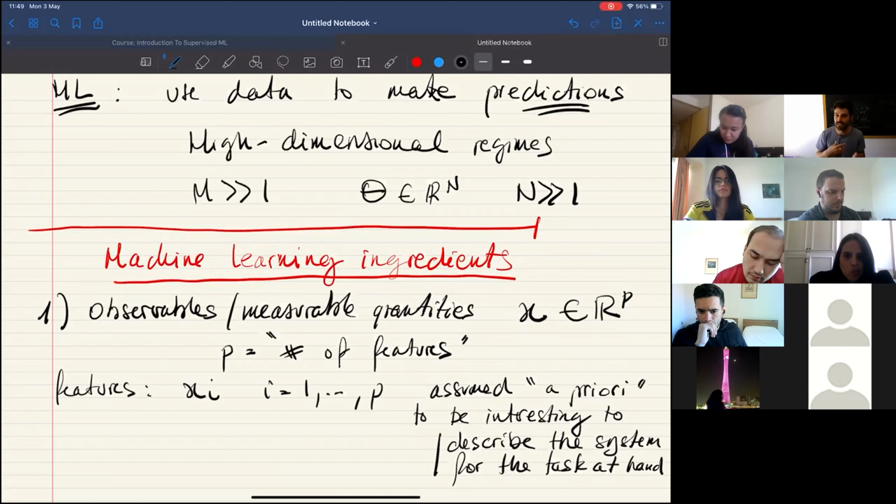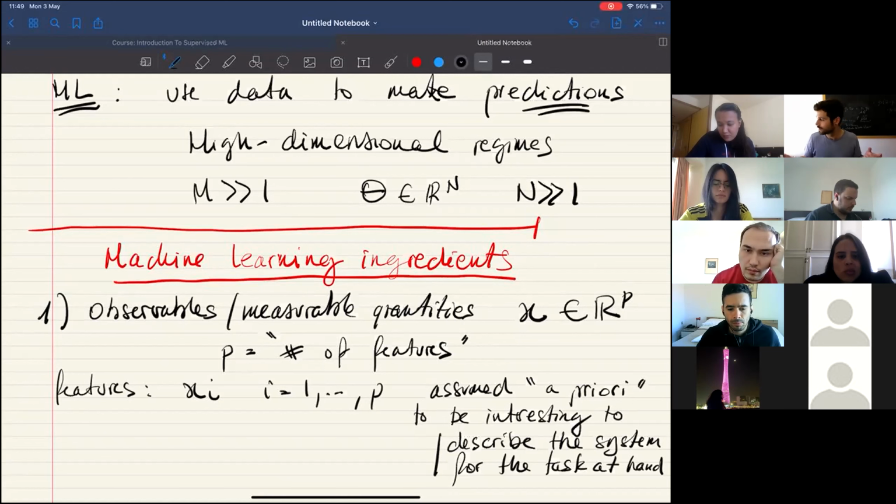If you are a medical doctor and you want to predict the susceptibility of a certain person to a certain disease, what you will naturally do is measure, to access all the possible characteristics that you can think of about this person: age, height, weight, origin, whatever. These are things that you think may connect in some way to the presence or not of this disease. So these are called features, these quantities that you gather.